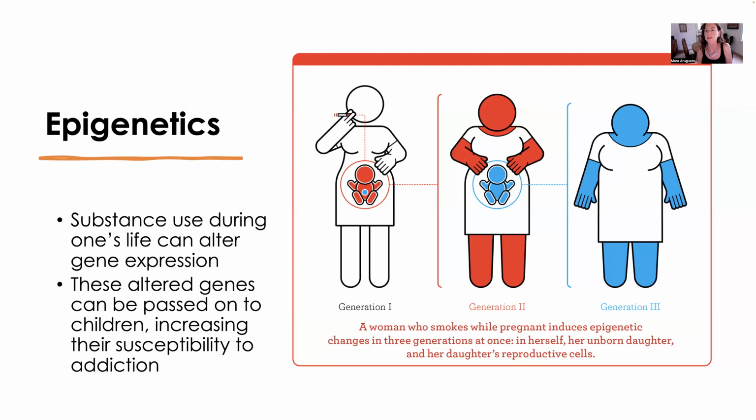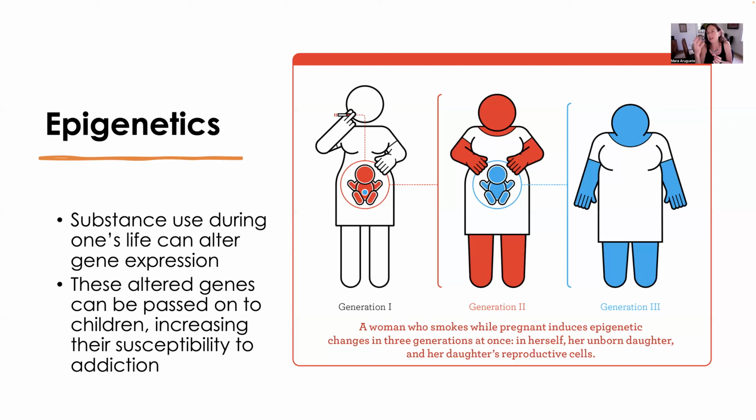Now look what happens. We've got that child having another baby. And so now we've got the third generation, and still that epigenetic effect is there. So the epigenetic effect can be passed on. Epi means above or more than genetic.